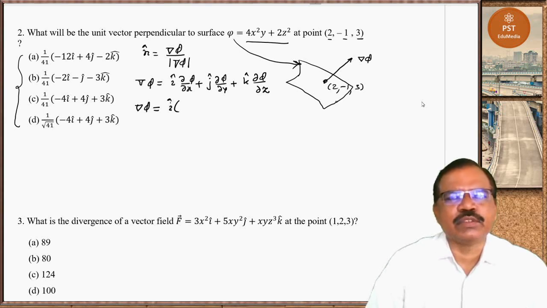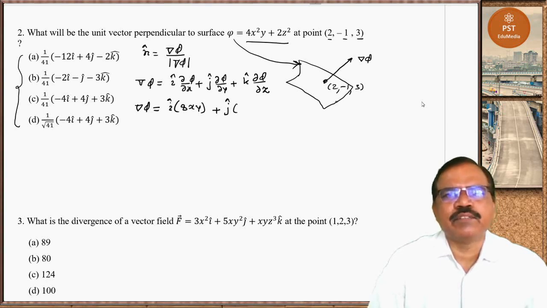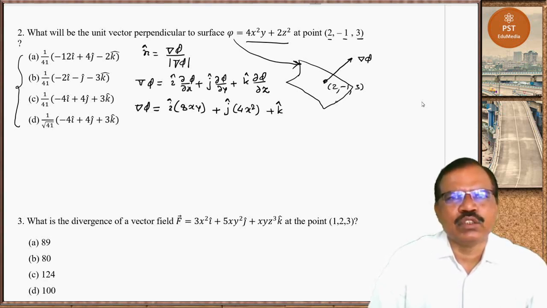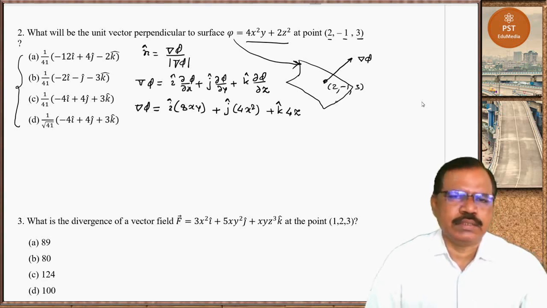Now phi is 4x square y plus 2z square, so del phi by del x gives 8xy only, plus j times the derivative with respect to y, which gives 4x square, plus k times del phi by del z: the derivative of the first term is 0 and of the second term is 4z.